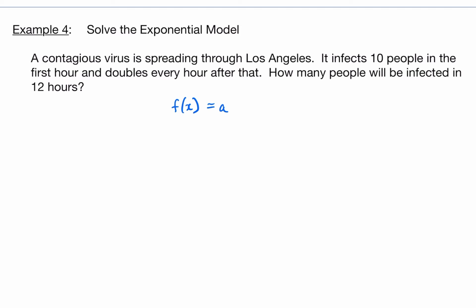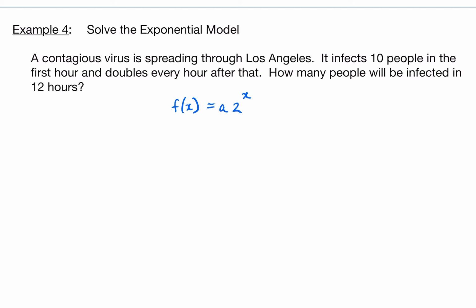I guess I will say here it's going to be 2 to the x power, okay, where a is going to be your initial amount that you're starting with, and this 2 is the doubling effect, okay? So when we're doubling, you're going to have a base of 2 raised to the x power.